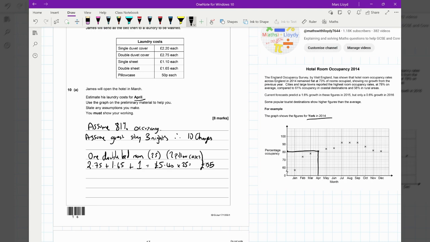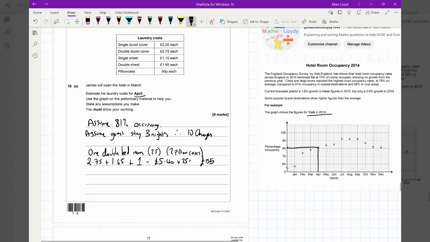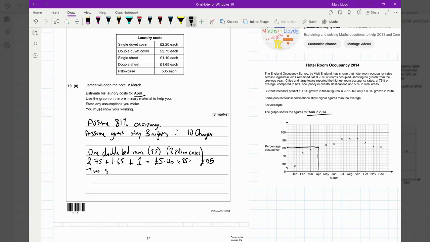Now we want the 2 singles. So basically, it's going to be a single duvet cover plus a single sheet plus 1 pillowcase, and then that gets multiplied by 2 because that's the price for 1 bed, and in each room there are 2 beds.